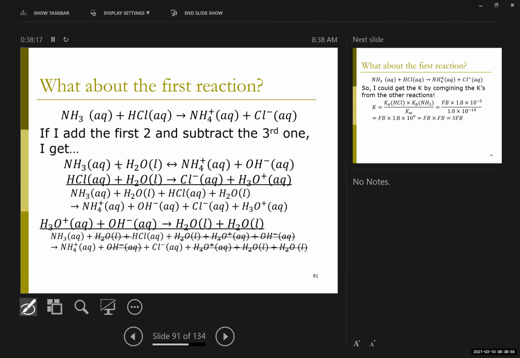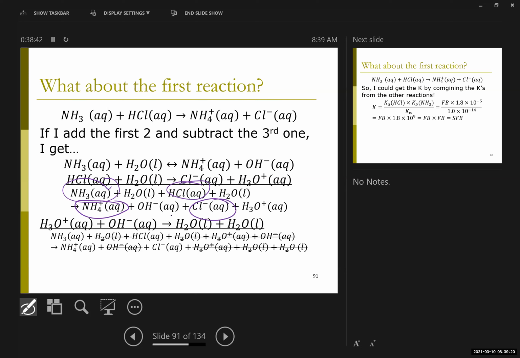Here's my ammonia, and here's my HCl, and here's my products from that reaction, but I've got this water left over. So if I just subtract out the water, I have exactly the reaction I want. But the water part that's in the way is good old Kw.